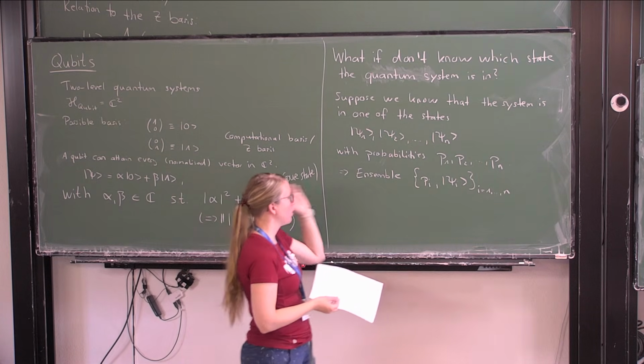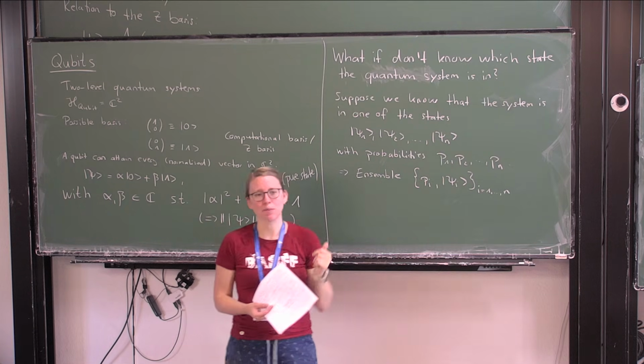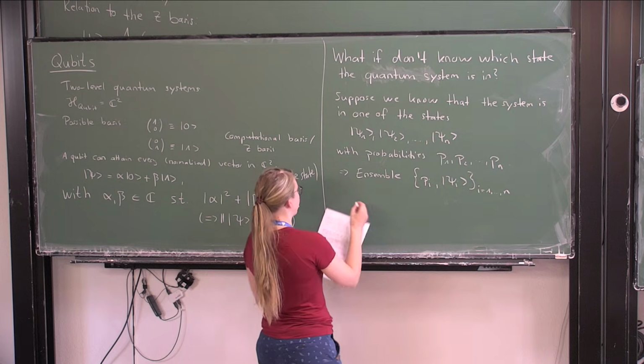So if I have this uncertainty about which state exactly it is, then I can capture this with a different mathematical object called a density matrix.